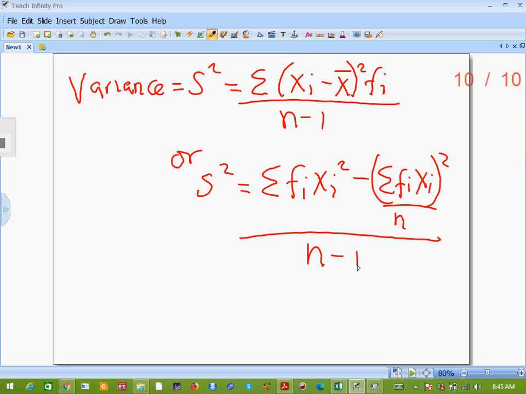So you just follow the formula. The first one has xi minus the mean, then you multiply by the frequency, then divide by n minus 1. Okay, so from the example, you're going to see how to use both of the formulas.